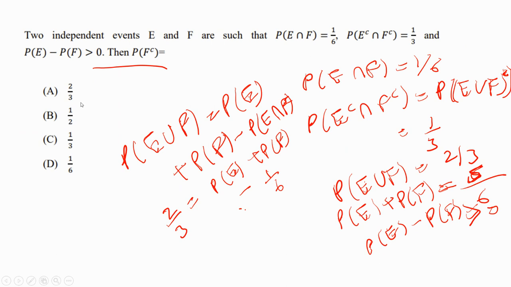Now we have options, and 1 by 2 is not greater than 7 upon 12, so the answer will be 2 upon 3. So sometimes we just solve the question with the help of examples, by checking which option is satisfying this condition. Okay.